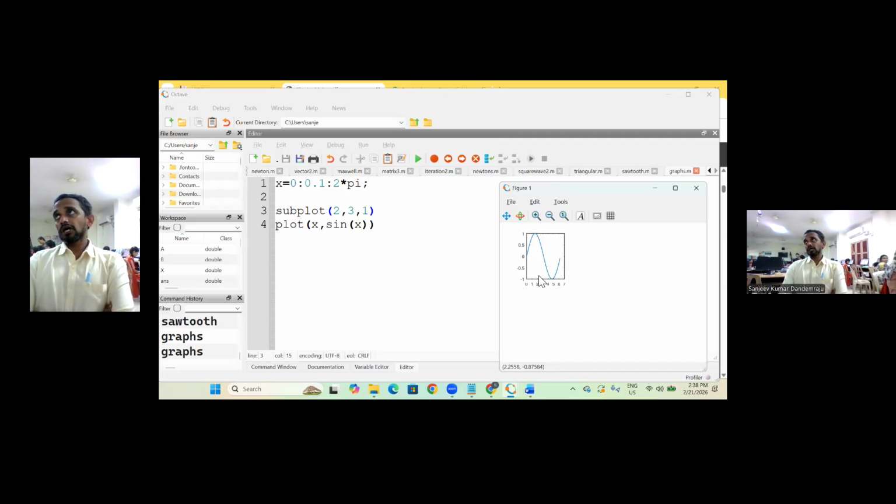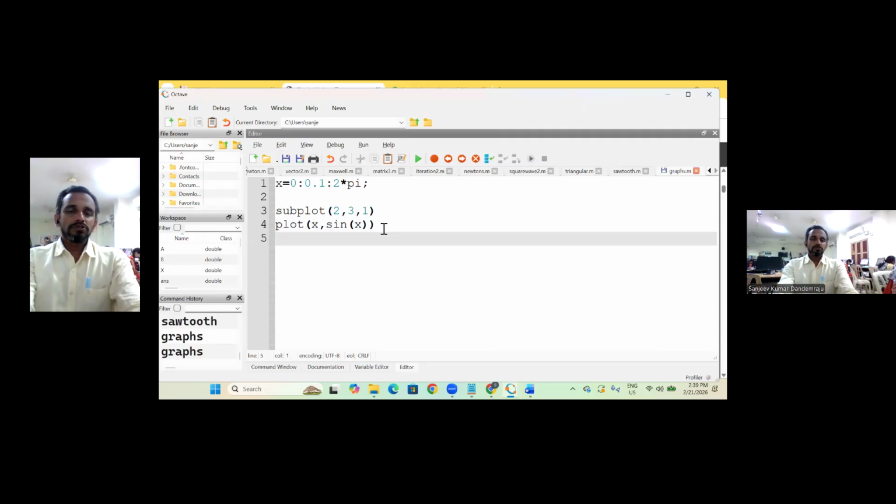Save the file as graphs.m. You can add all decorative elements like X label, Y label.